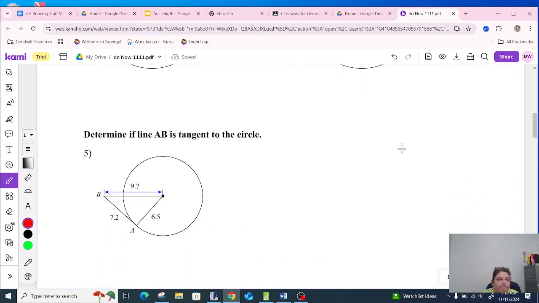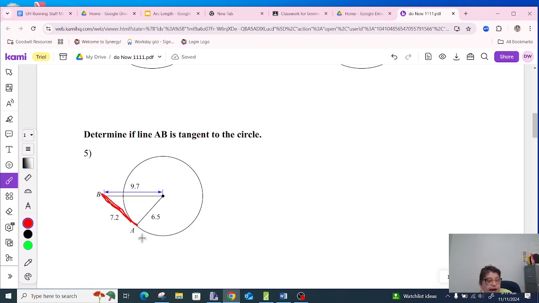Now here it says determine if AB, so here's AB right here, is tangent to the circle. That means if I extended it, only A would be what we call the point of tangency.